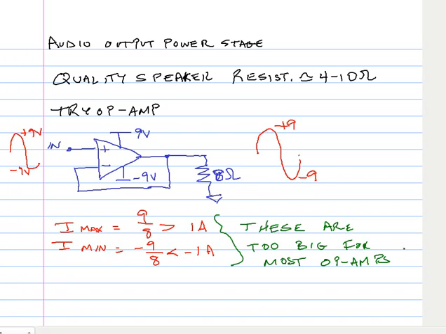Most operational amplifiers will limit the maximum current that they can supply to a load to somewhere in the tens of milliamp range. And this means that we must come up with some way to drive this speaker, so we need an output stage. The simplest output stage is a Class B stage.